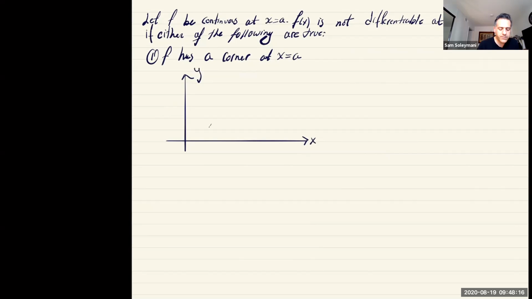A corner would look something like this. Let me use two different colors so you can distinguish between the two. Okay, so here is x equal to a. Right there. That is a corner.